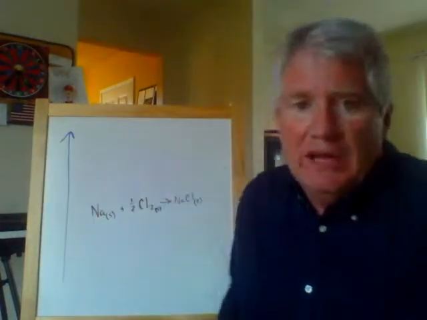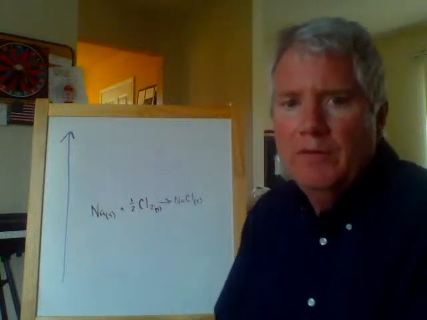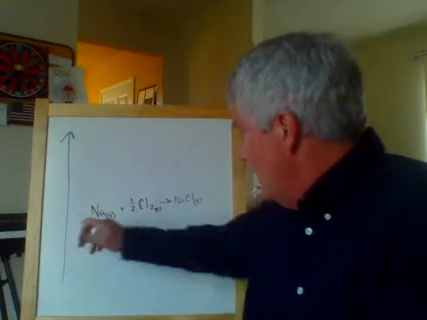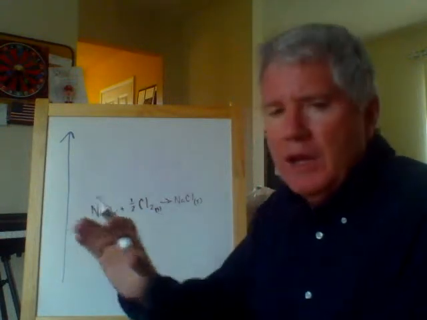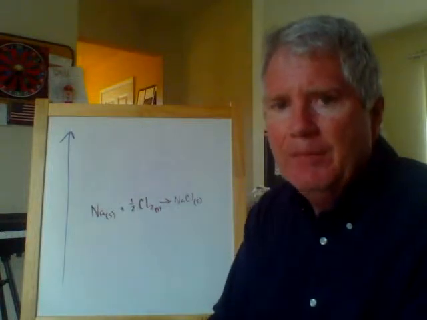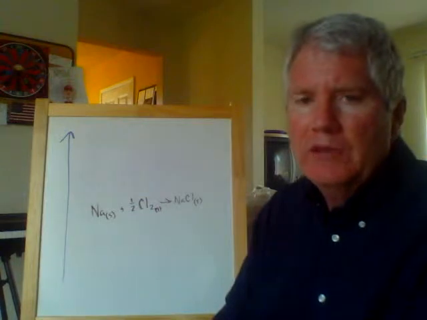And this reaction that I drew is actually very exothermic. It releases quite a bit of energy in total. But the lattice energy, it turns out, ends up being the predominant reason why this reaction is exothermic.